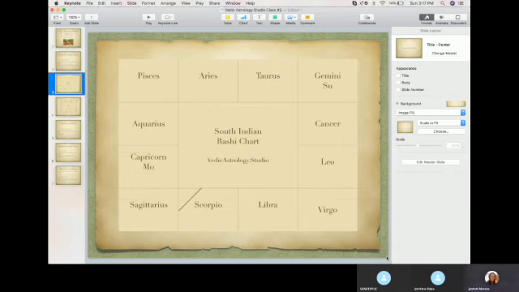So what house is the sun placed from the moon? Yes. And what house is the moon placed from the sun? Yes. Perfect.